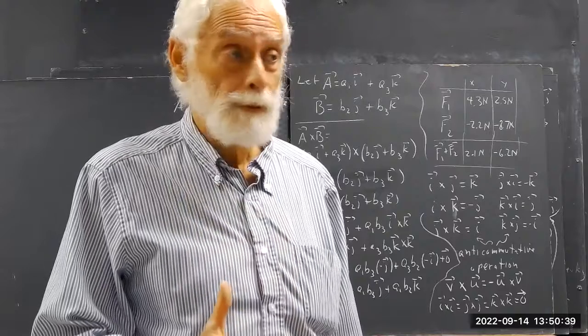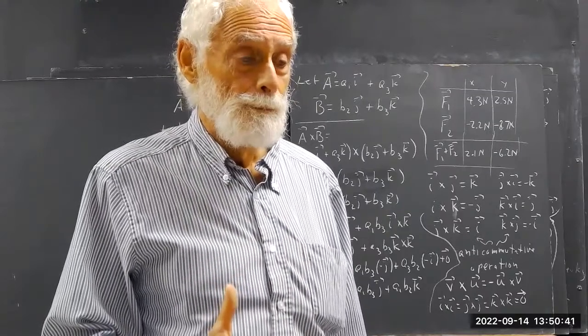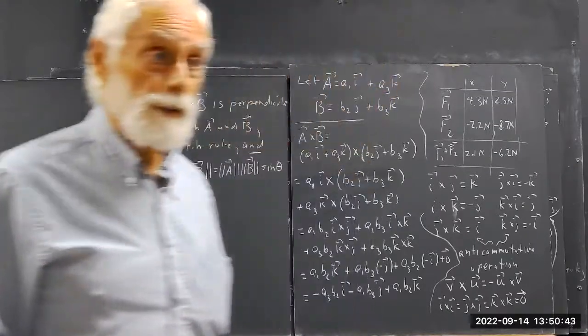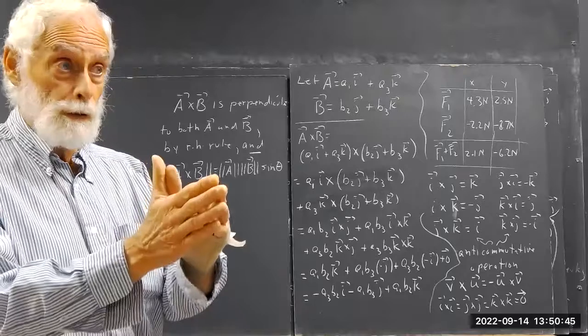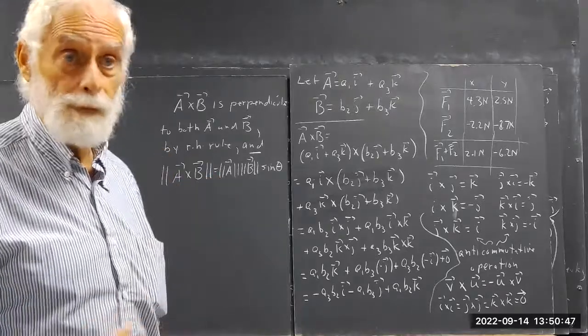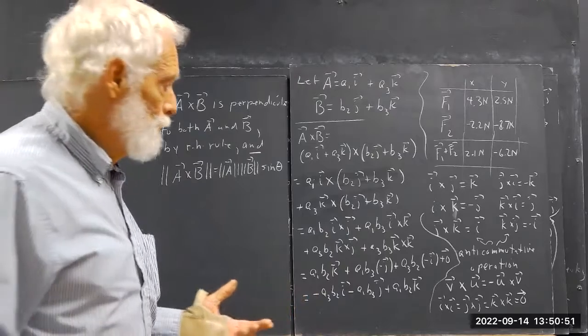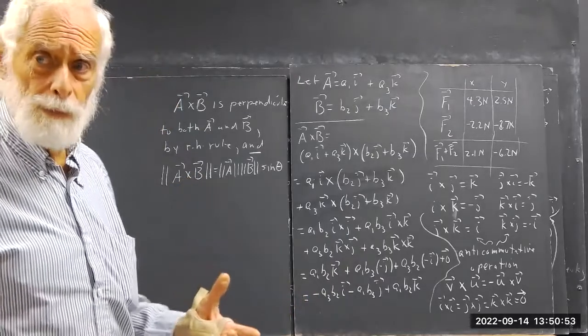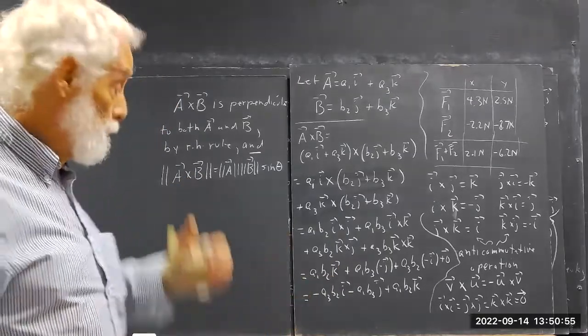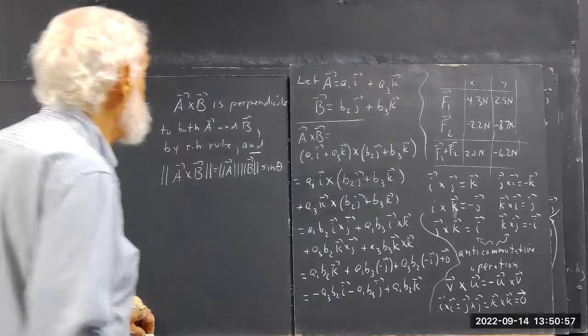That's really important. The cross product is zero if the vectors are parallel. So it's one test, for example, to see whether two vectors are parallel. We usually don't use it for that purpose, but we can, and sometimes it does come in handy.